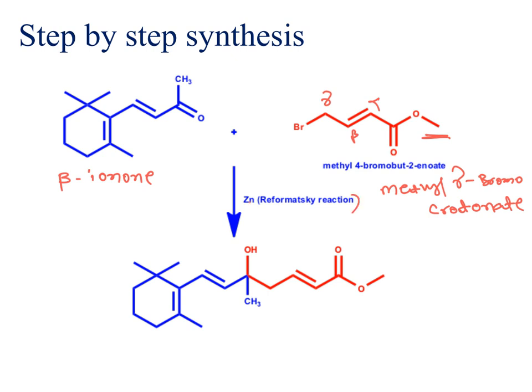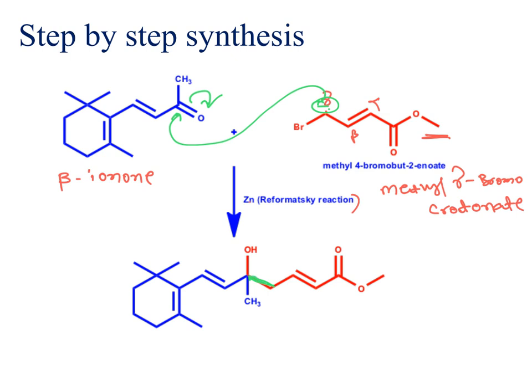Zinc is inserted between the carbon and bromine, and the carbon gets a negative charge, which acts as a nucleophile and undergoes a nucleophilic addition reaction. So this gamma position carbon attacks the carbonyl carbon, which forms a carbon-carbon bond.